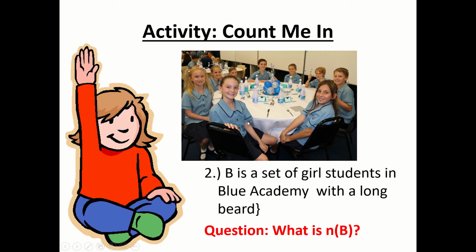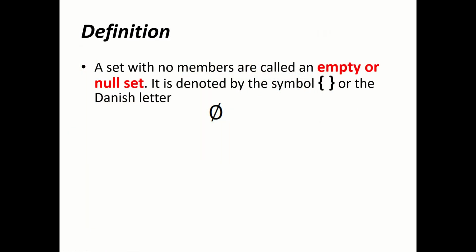And as you can see in the picture, there's no girl here with a long beard. If the result for the cardinality is 0, that means that it is an empty or null set.